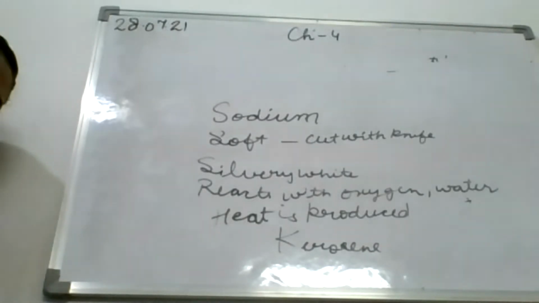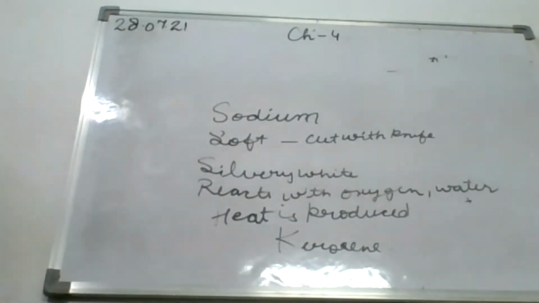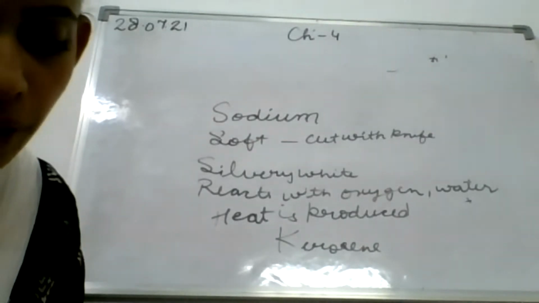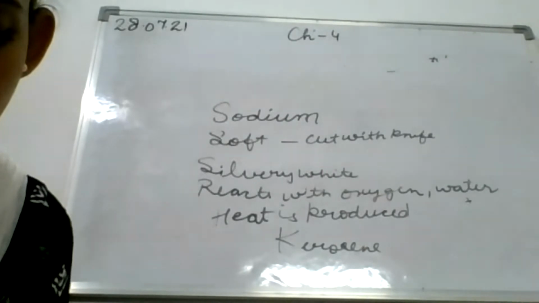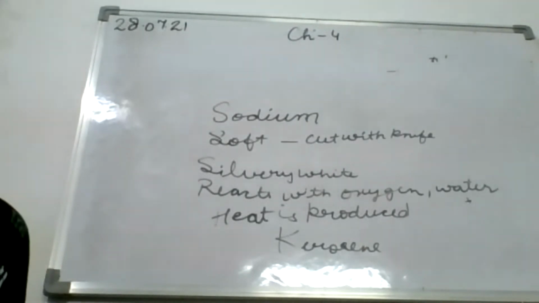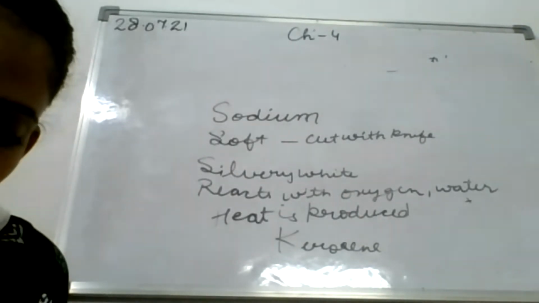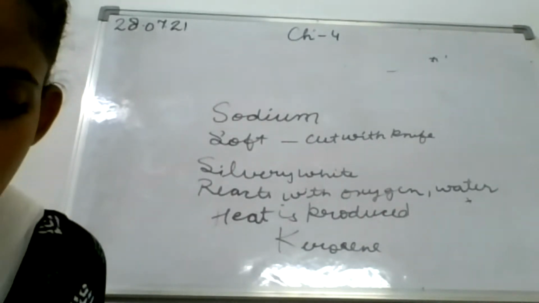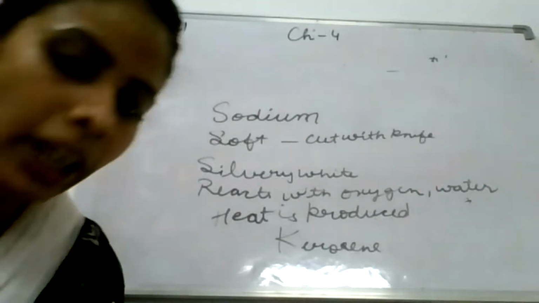Now the next activity is for the same, how sodium reacts with water. That is activity 4.5. So firstly we will discuss it. I am reading activity 4.5, what you have to do: take a 250 ml beaker, and half fill it with water. Then take only a small piece of sodium metal, which you will cut with the help of a knife.